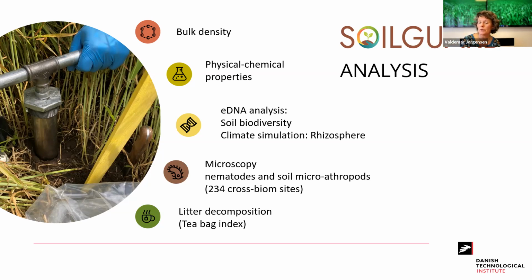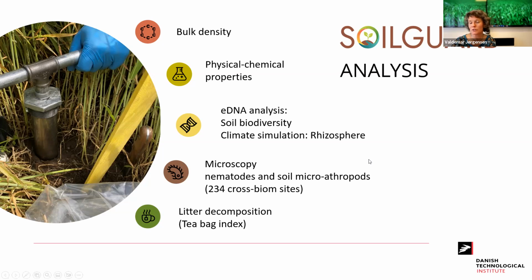And finally, we will be looking at litter decomposition using the tea bag index. I really like that because it's so simple. For those of you who don't know it, it's recognized internationally as a way of measuring decomposition or comparing different soils. We simply bury tea bags of green tea and rooibos tea in the soil, leave them for some weeks, and then we take them back to the laboratory and weigh them, and the weight difference is a measure of the soil's ability to decompose the litter.